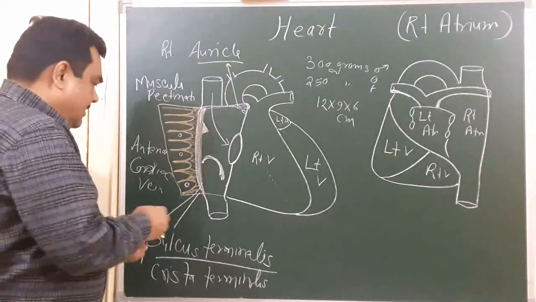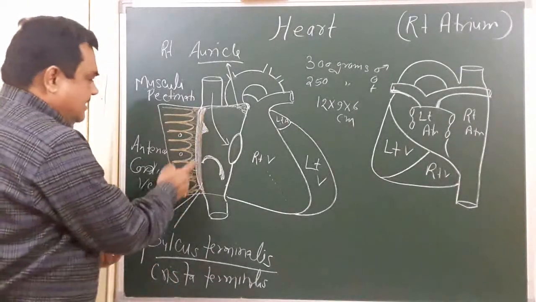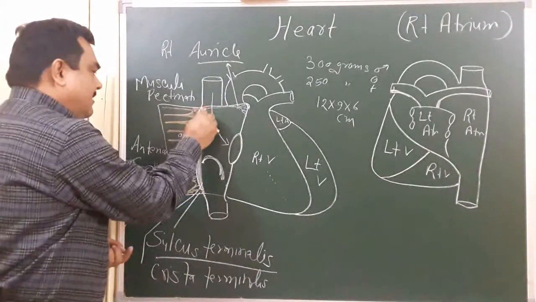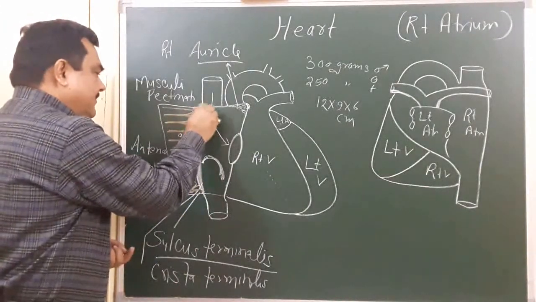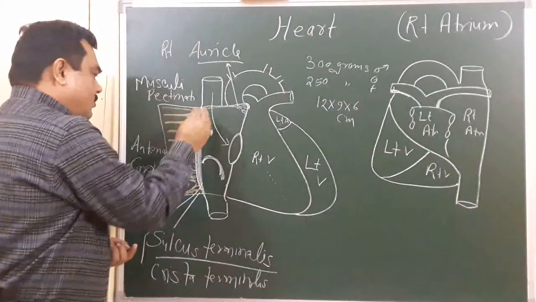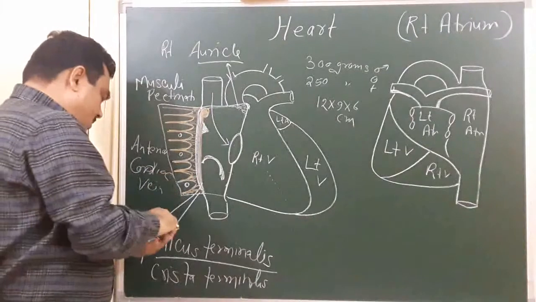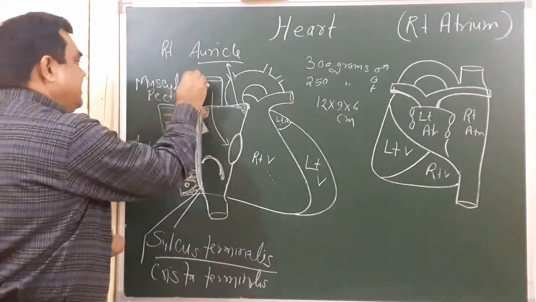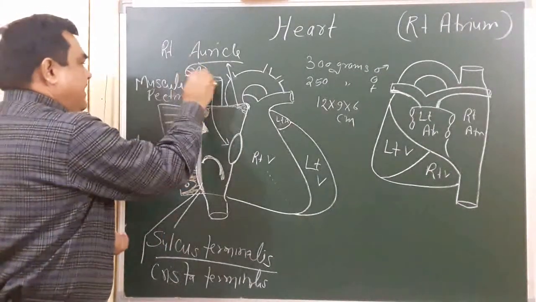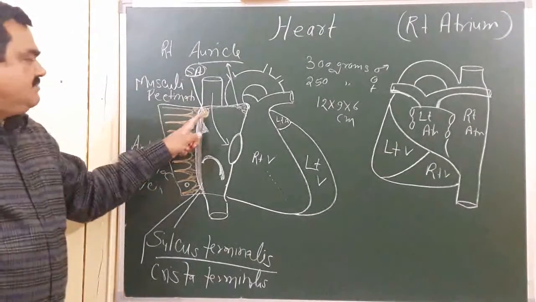Another thing: this is the crista terminalis. At the upper edge of the crista terminalis is the position of the SA node, which is the pacemaker of the heart.